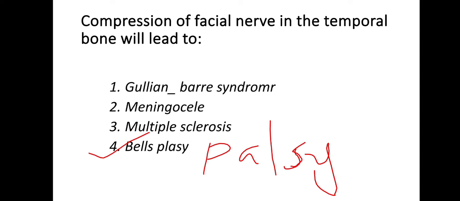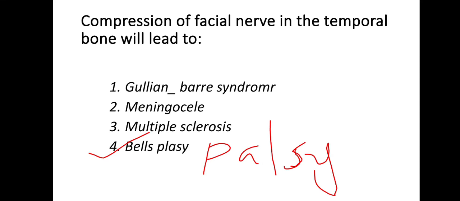Usually under Guillain-Barré syndrome we will notice ascending paralysis, but in Miller-Fisher syndrome we can notice descending paralysis. Descending paralysis means what? Center to periphery. Okay, understood this? Next, one more option is there.